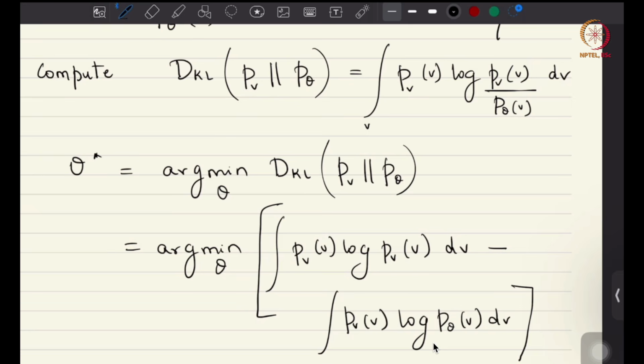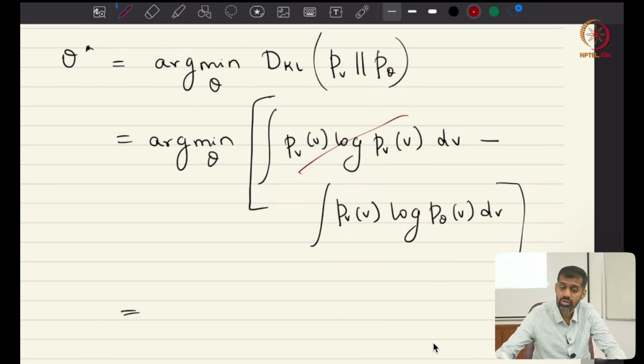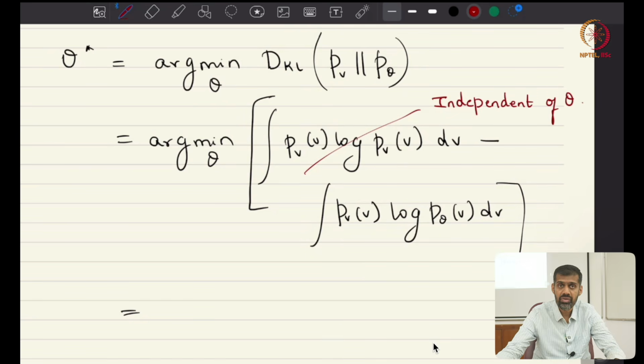The integral is a linear operator, so I can open the log and push the integral after the negative sign. Note that this first term can be completely ignored. Why? This is independent of theta. Theta is the optimization variable, and the first term is independent of that theta.